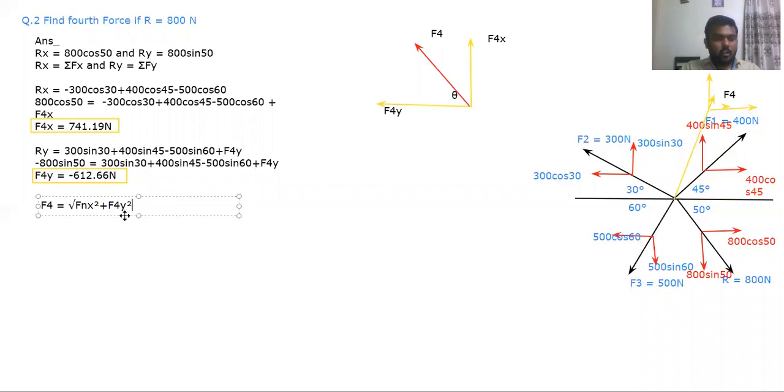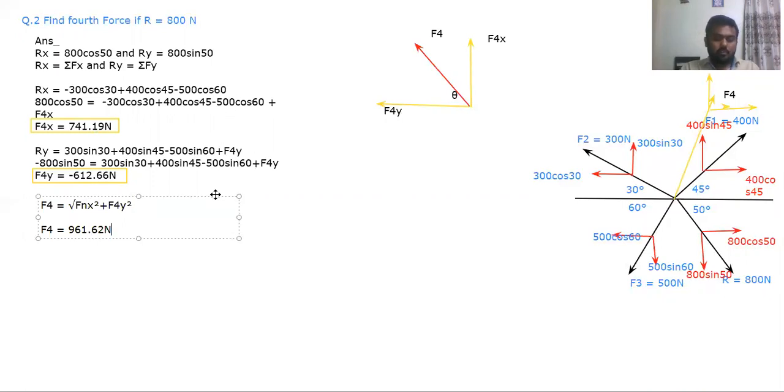Now after putting the values of F4x and F4y from here, I will get the F4 value. F4 is equal to 741.19 square plus 612.66 square, and square root of the answer, 961.62 Newton. That is my answer.